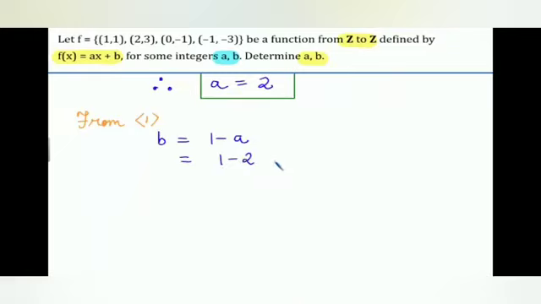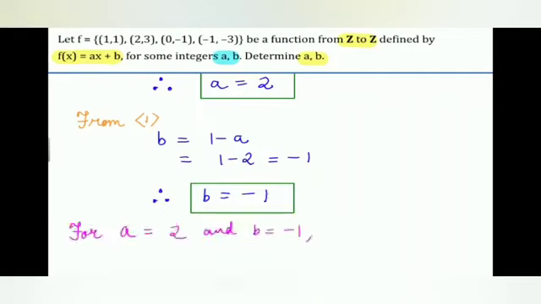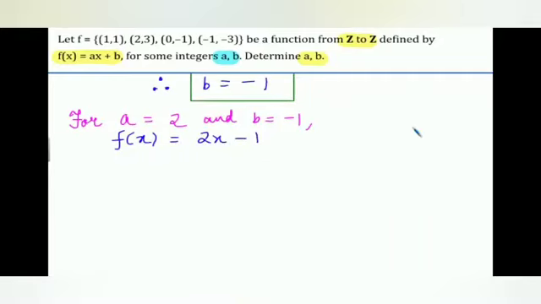So 1 minus 2 is equal to -1. So that's why b is equal to -1. For a is equal to 2 and b is equal to -1, f of x is equal to 2x minus 1. So that is your answer.